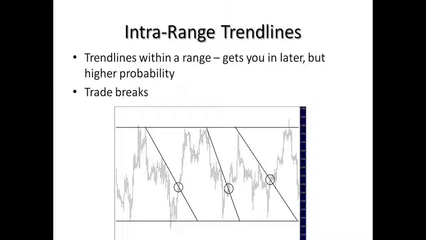I'm looking for the last element, which for me is momentum, telling me that in fact this turn is taking place. And a breakout of these intra-range trend lines is telling me that yes, momentum is on my side. Not only did the turn take place, but a momentum breakout occurred, and therefore I could be pretty confident that this turn has taken place, and we're looking to the upside at this point.